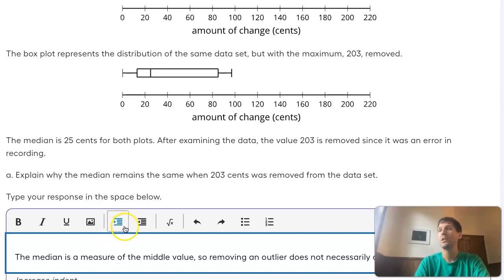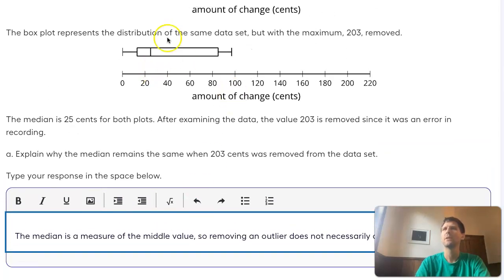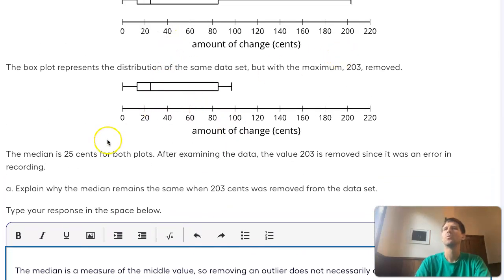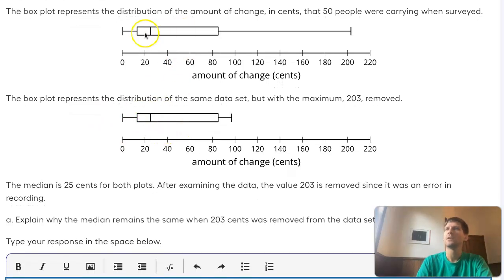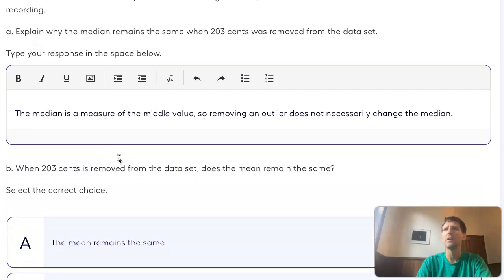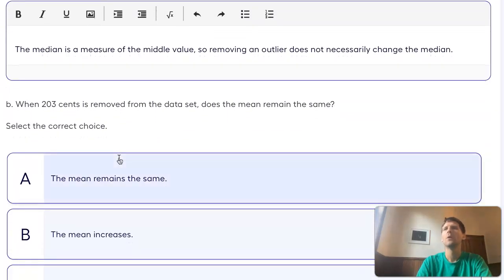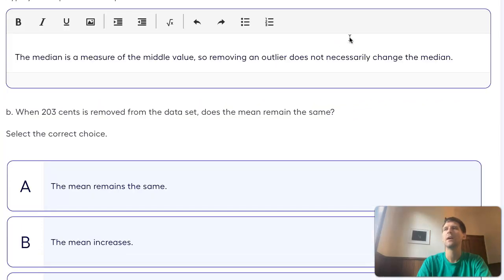It's definitely going to change the mean, which I may be spoiling the next one, but there could be a lot of folks that had 25 cents in their pocket, that much change. And so even eliminating a top value does not change the measure of center, the median measure of center in this case. However, what would happen to the mean if I remove that 203 outlier?